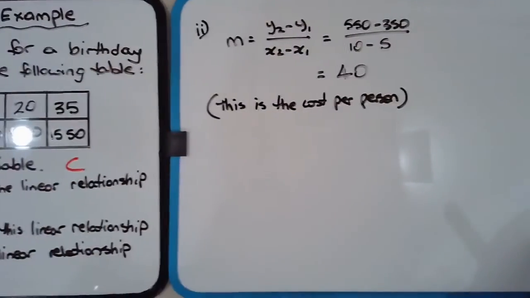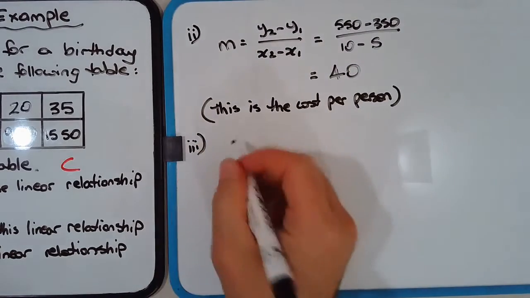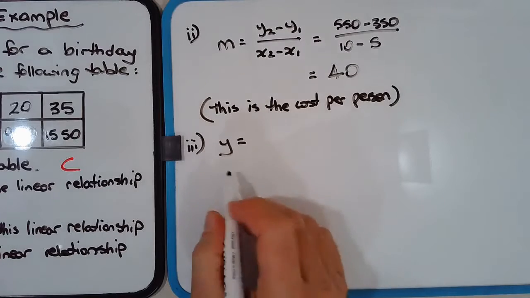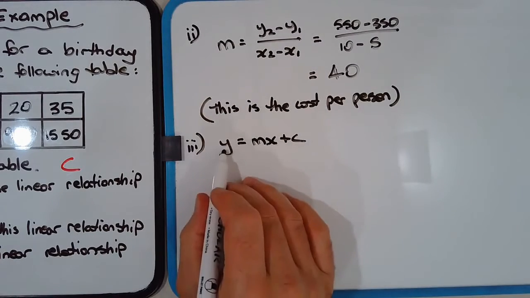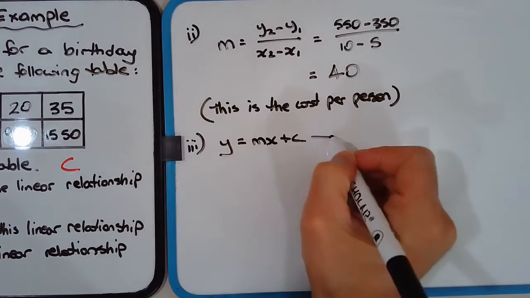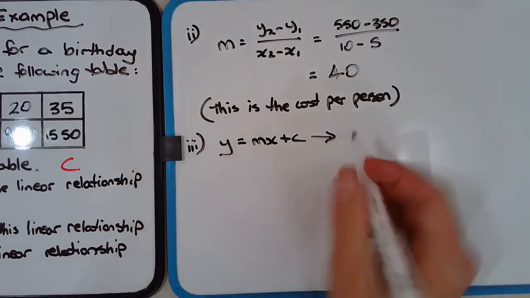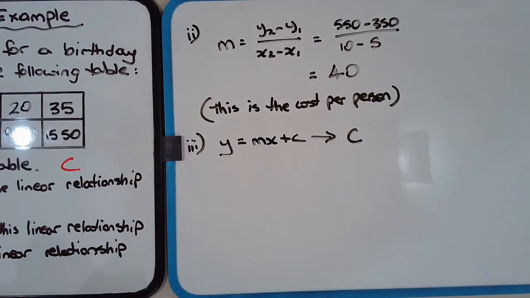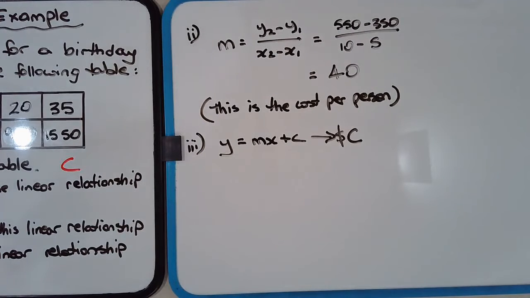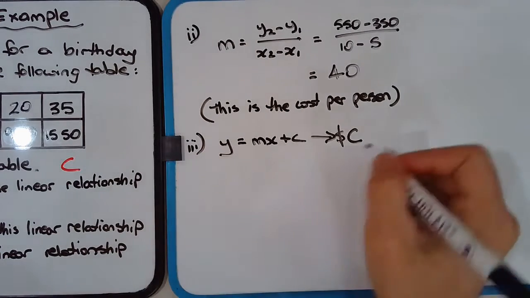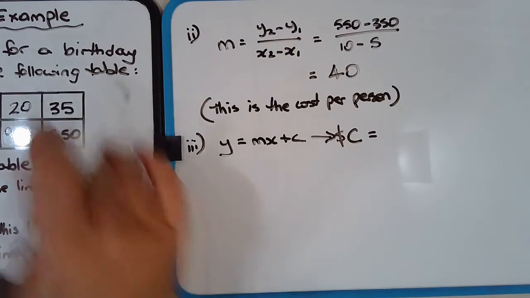All right, so let's find the vertical intercept of this linear relationship. Now if you recall, this is part 3. We know that the formula is going to be in the form y equals mx plus c. But we're not going to use the variables y and x. Because this is a linear model of a real life relationship, the y is in fact really the capital C, isn't it? So that's the dollar amount it's going to cost, the catering cost is equal to, now instead of using x, what does x represent in this example?